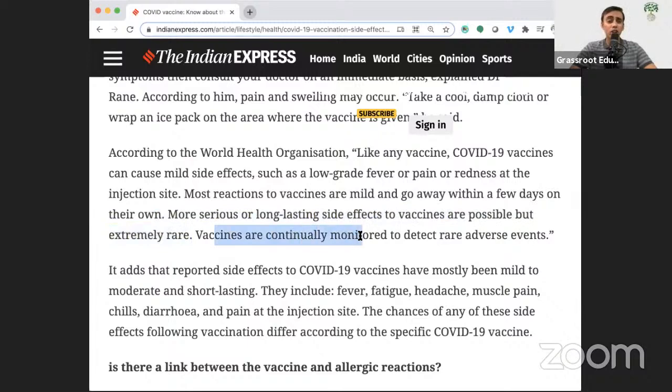So vaccines are continually monitored to detect rare adverse events. The word continually, okay, what is the difference between continually and continuously? Tell me, continually versus continuously. What do you think?